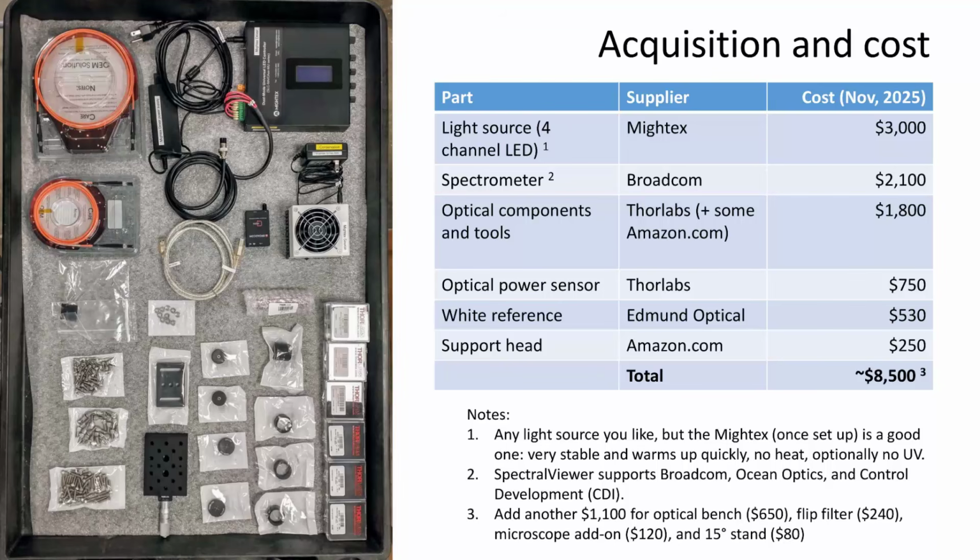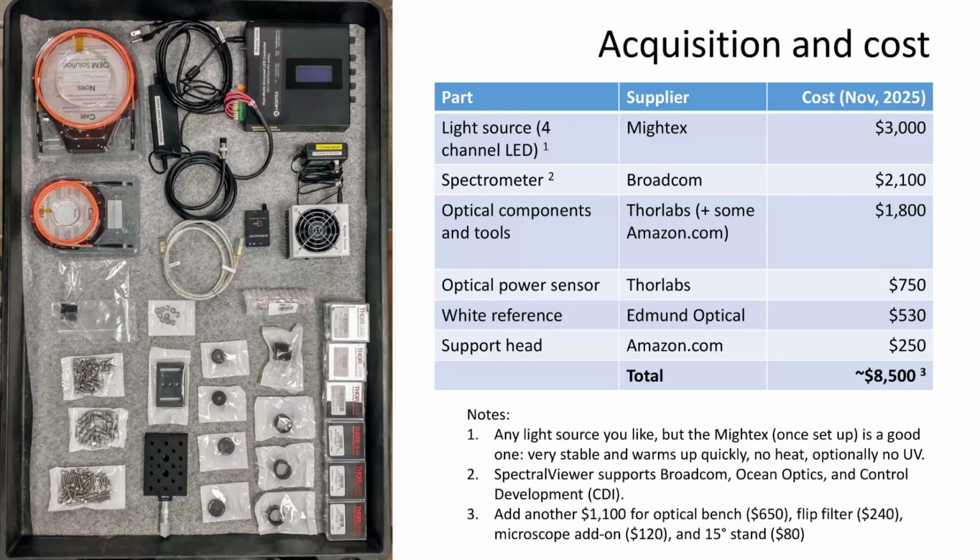Most of the optical components come straight from Thorlabs. It's about $1,800, including a 30mm and a 50mm fore-lens, so you can choose your spot size and working distance. And that also includes all the tools that you need to assemble the unit. The optical power sensor, which you're definitely going to want, is about $750, and then your spectralon white reference is $530.